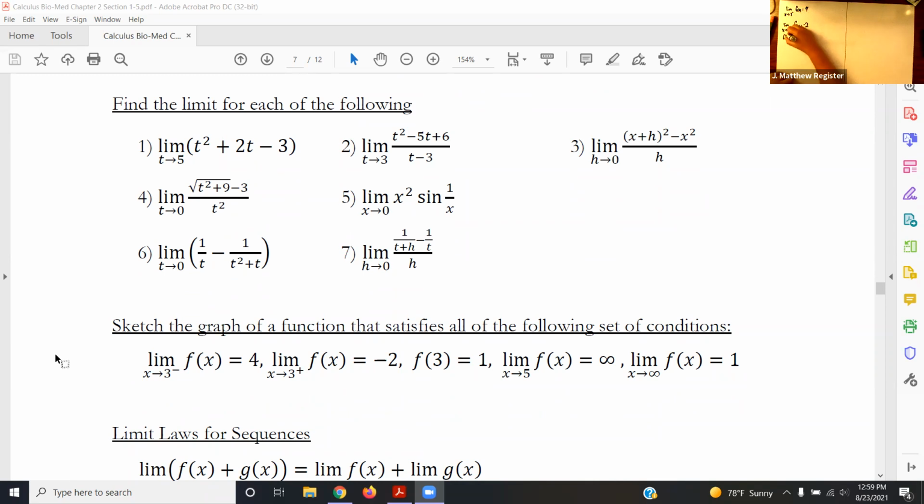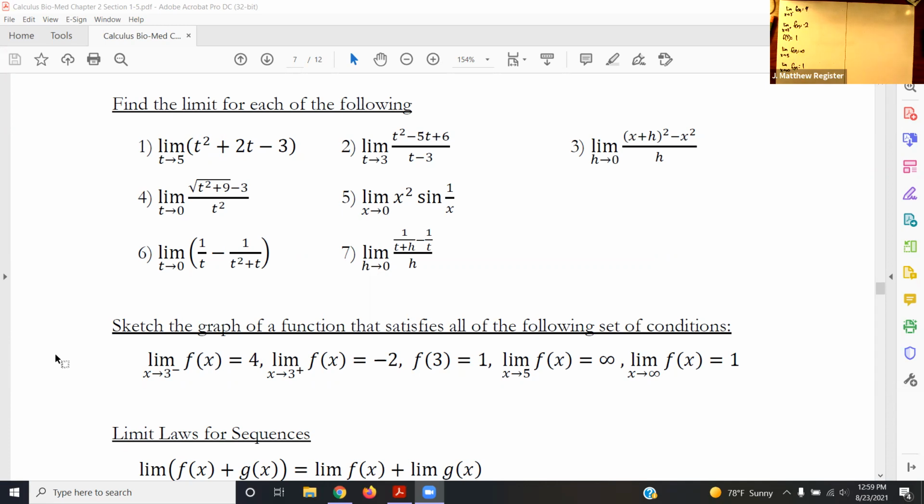F of 3 is equal to 1. The limit as x goes to 5 of the function is infinity. And the limit as x goes to infinity of the function is equal to 1.